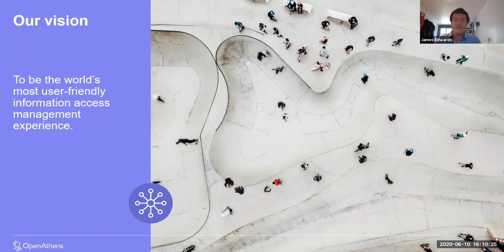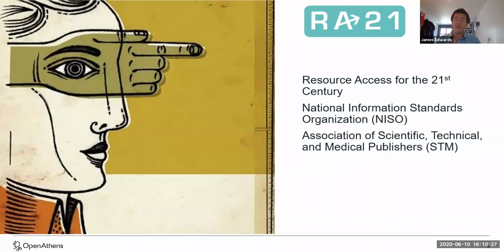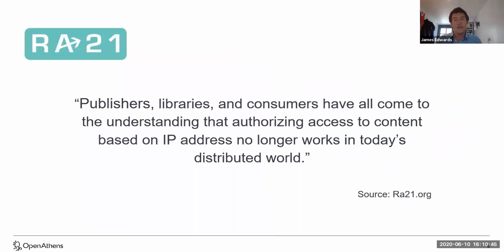I did just touch on it, but I'd like to bring up RA21. I'm not sure if any of you have heard of this or looked into it. RA21 is Resource Access for the 21st Century, an initiative that involves publishers, libraries, and consumers. Essentially, they've come to the conclusion that IP no longer works as a way of recognition in today's distributed world.